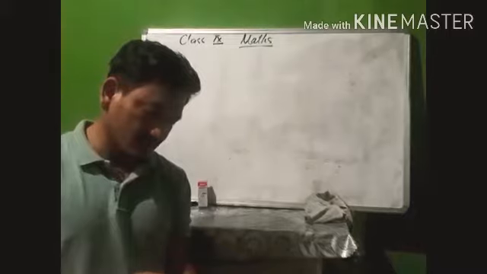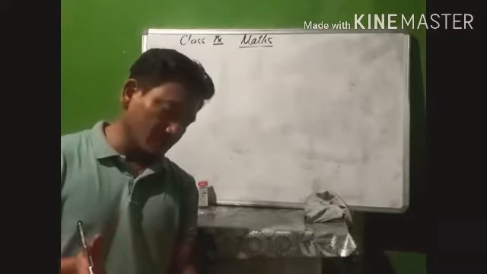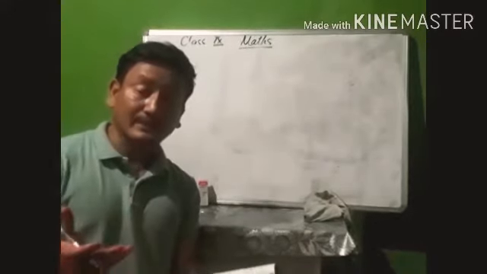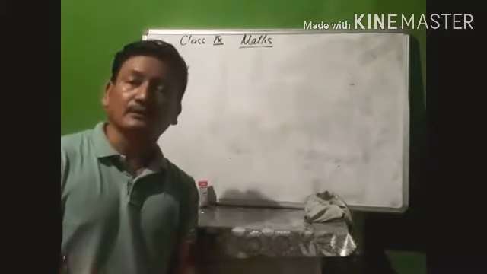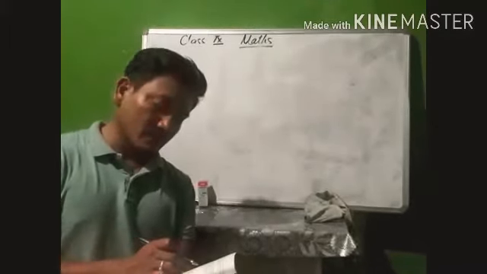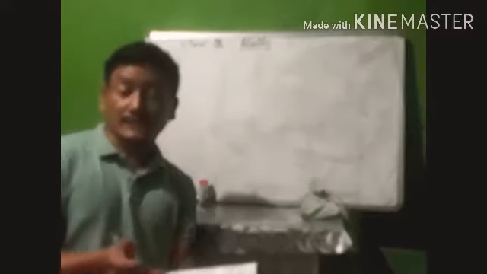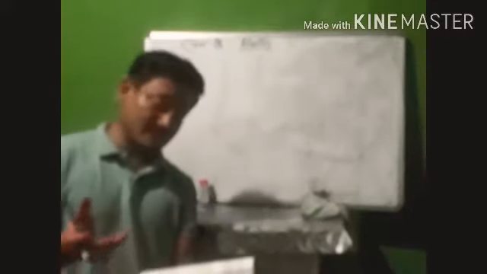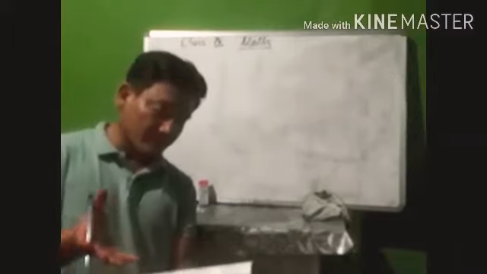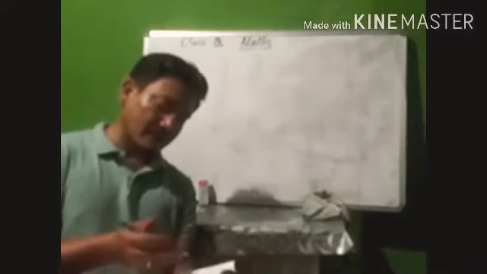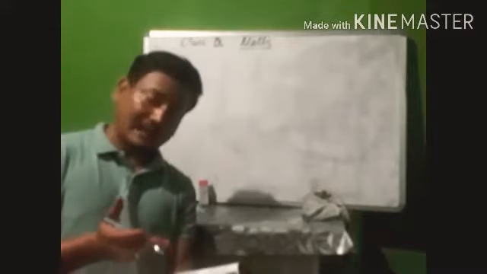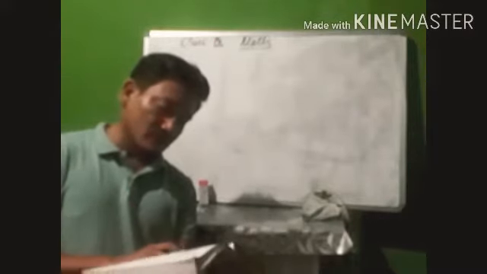First of all, what are the things that we need in this system? Inside this system we need a number line, which you already did in class 6 and 7.